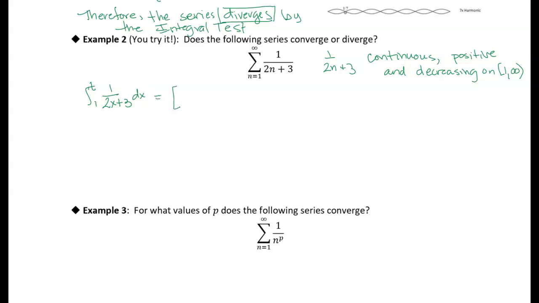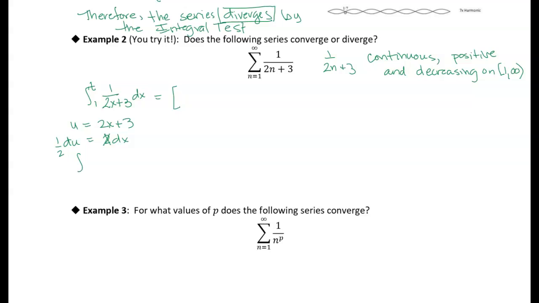Now I have to do a substitution in this one. I'm going to do a little side calculation. If I let u be 2x plus 3, then du is equal to 2 dx. So I can divide both sides by 2, and I get 1/2 du is equal to dx.